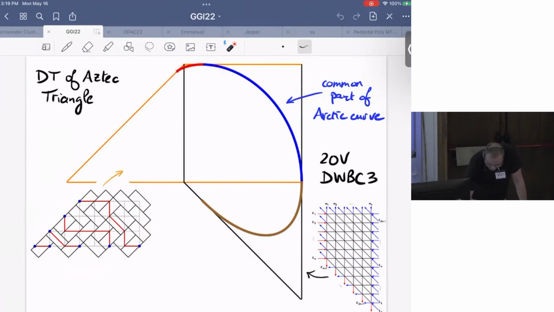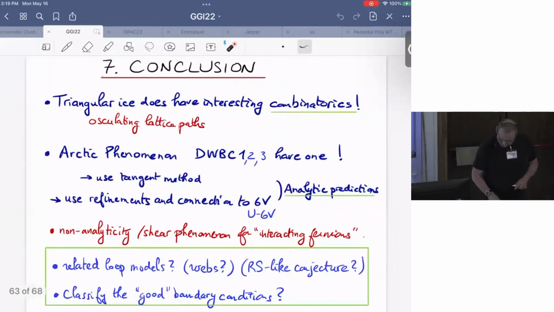But this one takes the analytic continuation and uses a shear to finish, right? So I have these two, there's a piece that is common between the two problems, and then it's kind of different on both sides. So that's as close to a bijection as I can get. All right. So this is the conclusion.